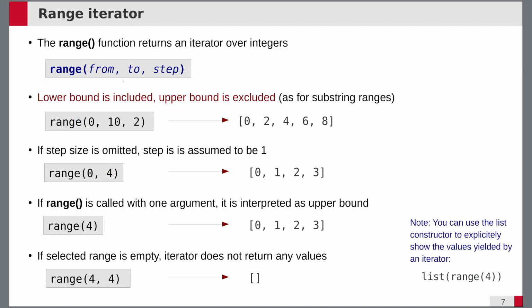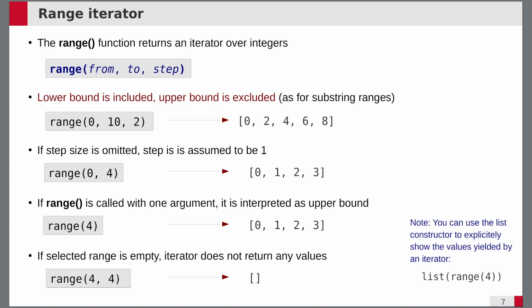If I want to go over an interval of numbers, so basically over numbers within a certain interval, I can use the range function to return an iterator over integers.